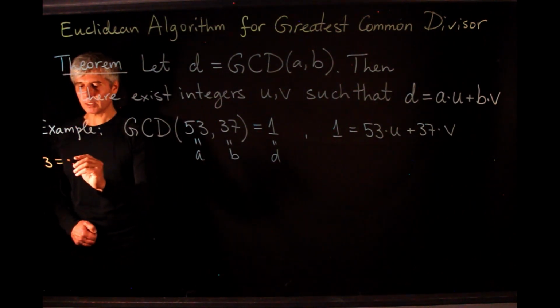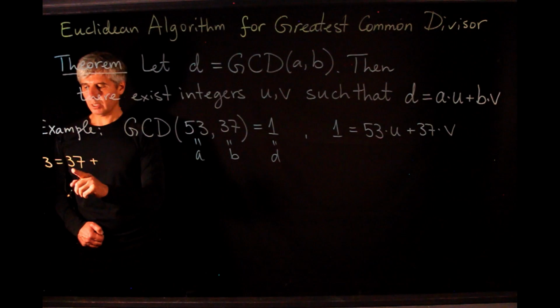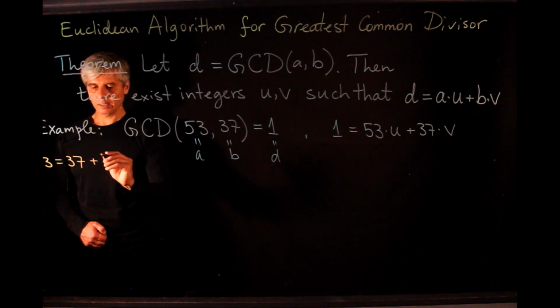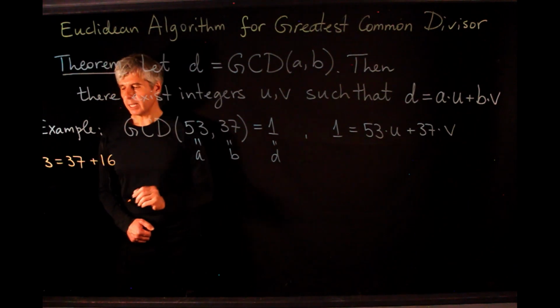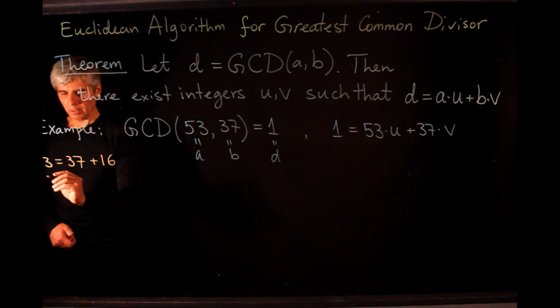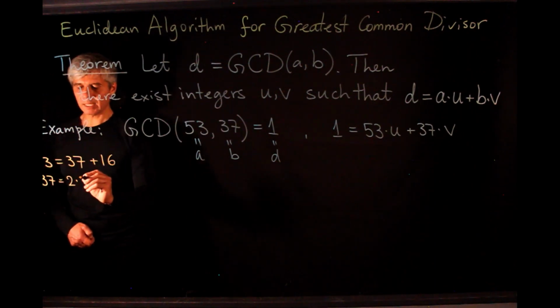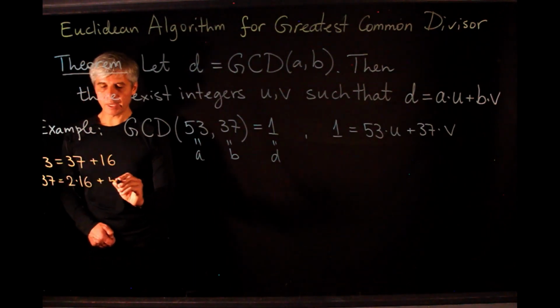So 53 is equal to 37, plus the remainder is going to be 16. So then we divide 37 by 16 with the remainder. So we write 37 is 2 times 16, which is 32, plus a remainder, which is 5.